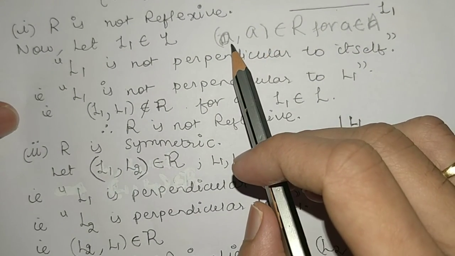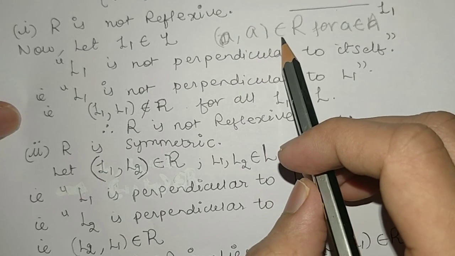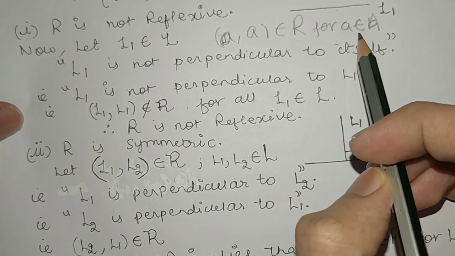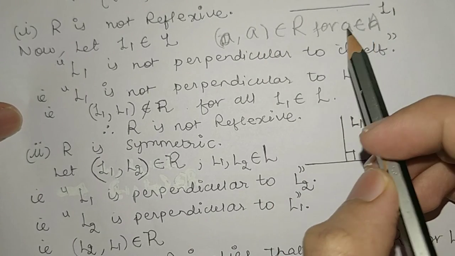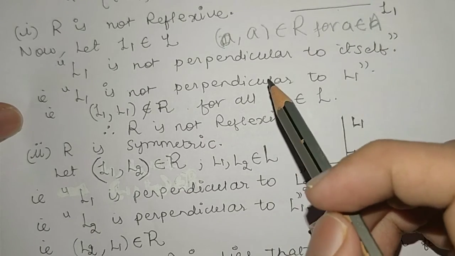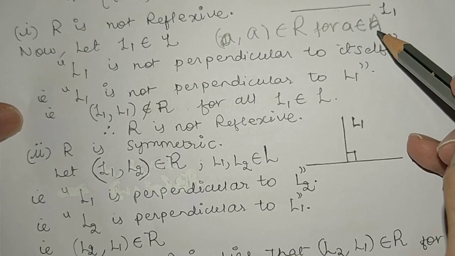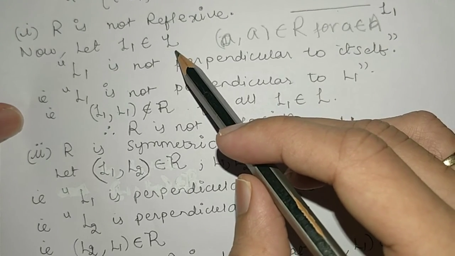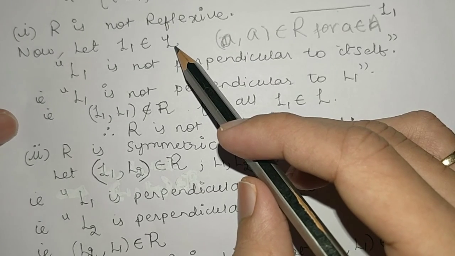The elements of the type (A, A) will belong to the set R for all A belonging to the set capital A. Now this set capital A in this example is nothing but the set L, the set of all lines.